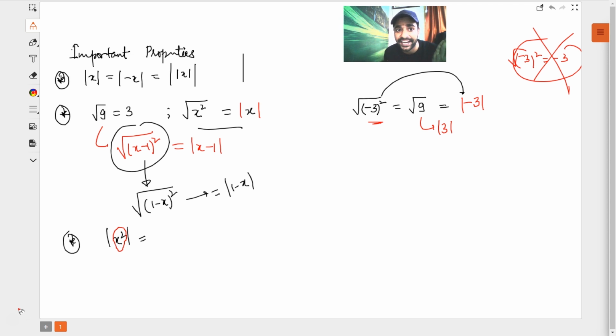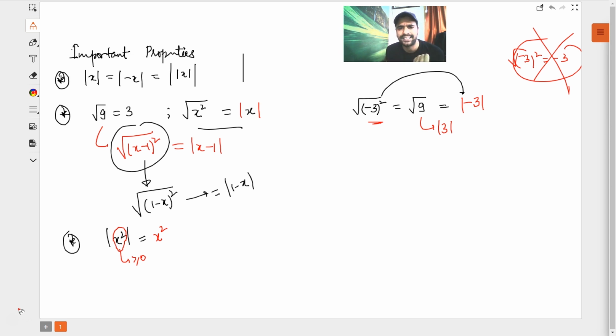Non-negative means it can be positive as well as 0, right? So x square is always non-negative, or I can say it is always greater than or equal to 0. And if I'm taking modulus of a number which is always greater than or equal to 0, then it will be equal to itself, right? Everybody clear?